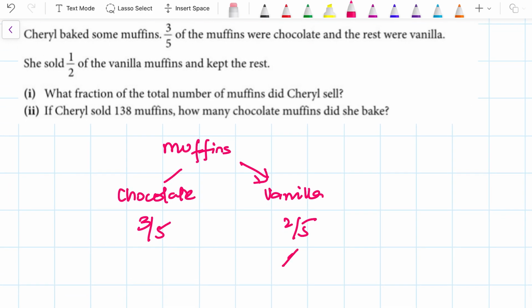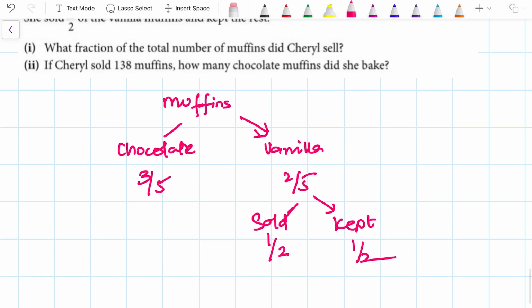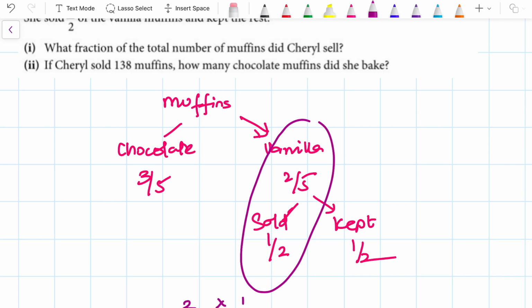She sold 1/2 of the vanilla muffins and kept the rest. So half she sold, half she's kept. What fraction of the total number of muffins did Cheryl sell? So she sold 1/5 of the muffins.